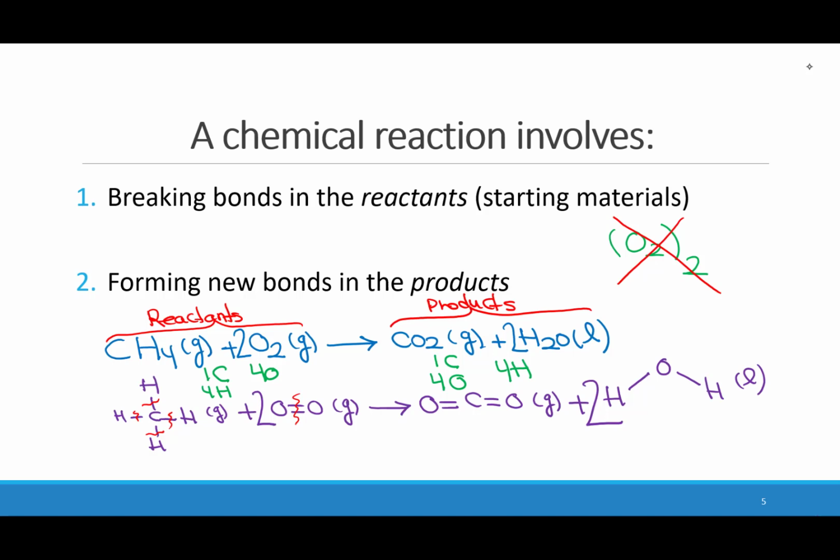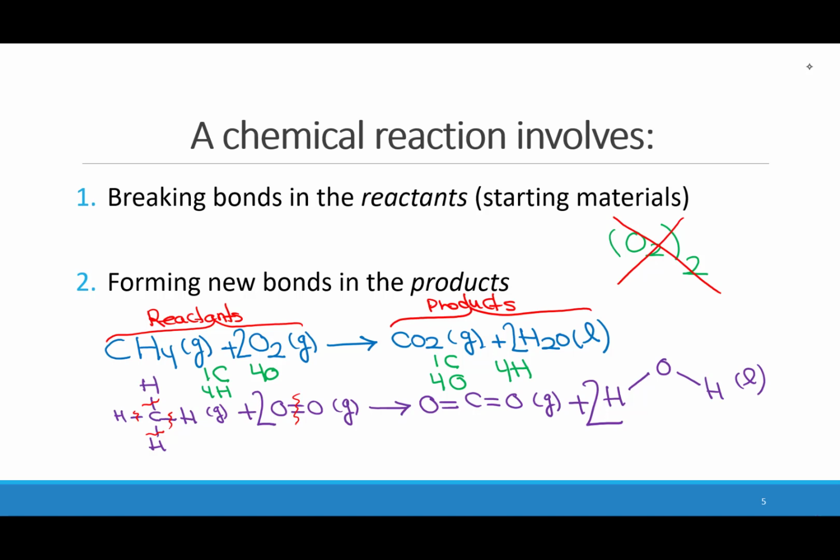All right. Then when we have a chemical reaction, there is breaking of bonds. That refers to the reactants, and we have a formation of new bonds on the product side. This is the example that I went over in class. Methane gas reacts with oxygen gas. It produces carbon dioxide and liquid water. As you could see, the bonds between carbon and hydrogen are all broken down.